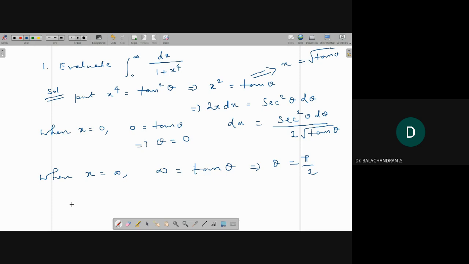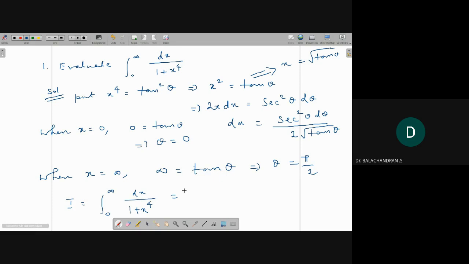So this is I. What is I? I is equal to the integral from 0 to infinity of dx by 1 plus x power 4.